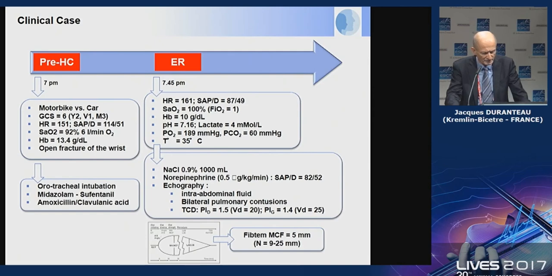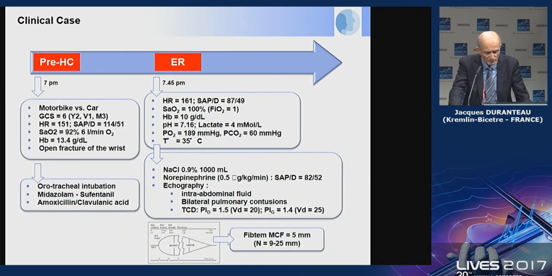45 minutes after, the patient was at the hospital, in the emergency room, and concerning the hemodynamics, the heart rate was still high, with a low systolic arterial pressure. The systolic arterial pressure was equal to 87, and the diastolic was equal to 49.